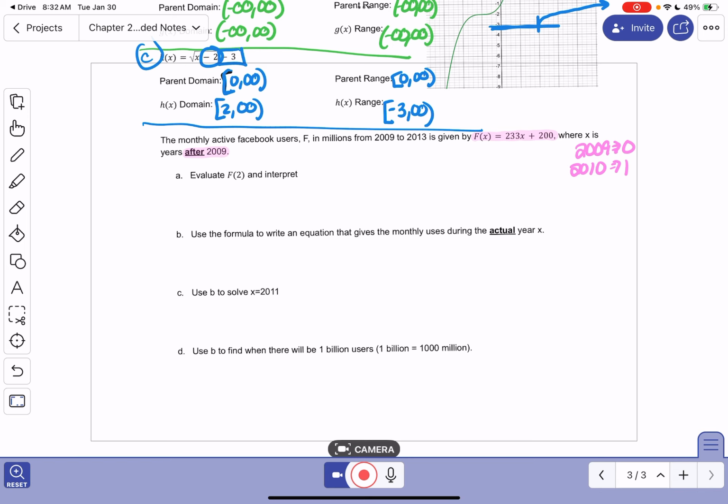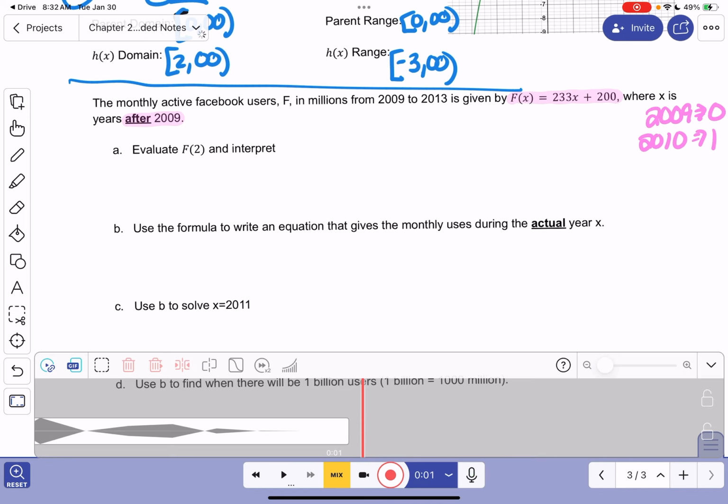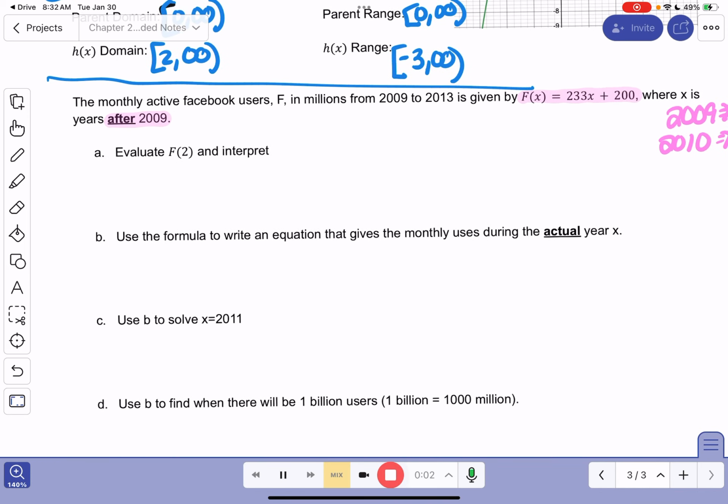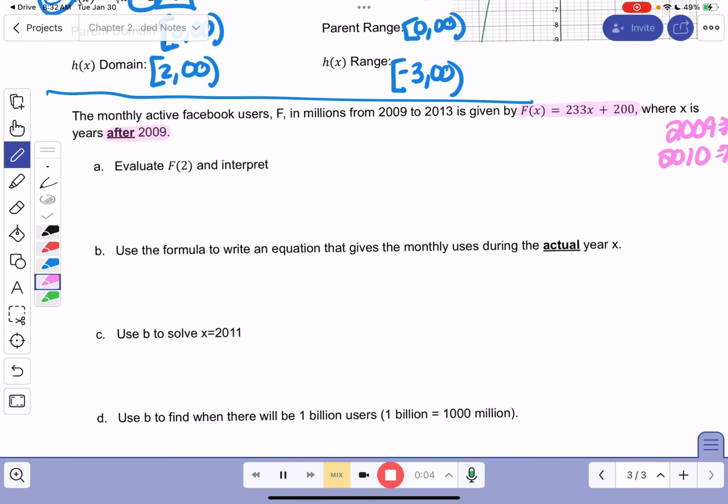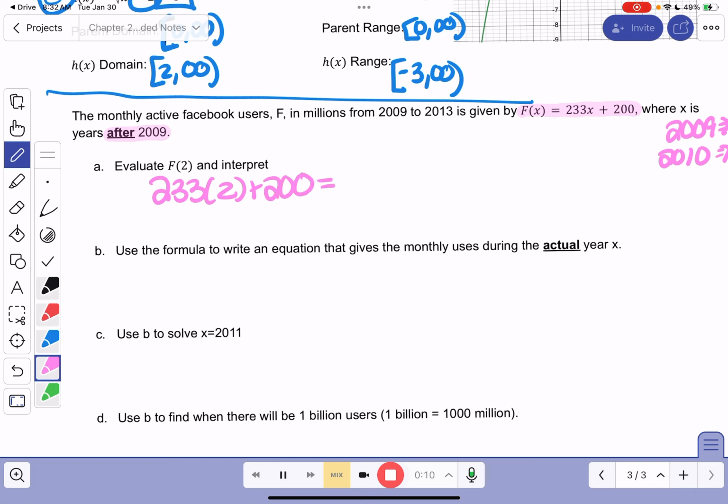So evaluate F of 2. That just means plug 2 into the equation. So 233 times 2 plus 200. If I do that, 233 times 2 plus 200 is 666.